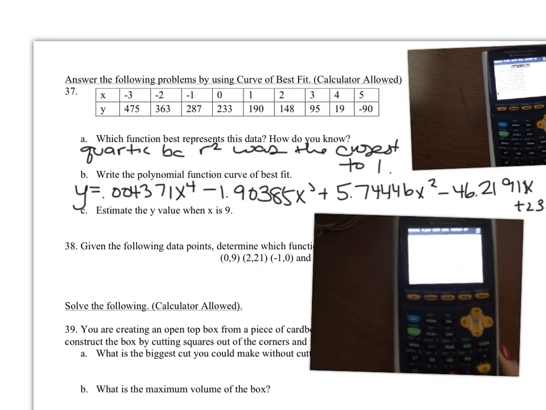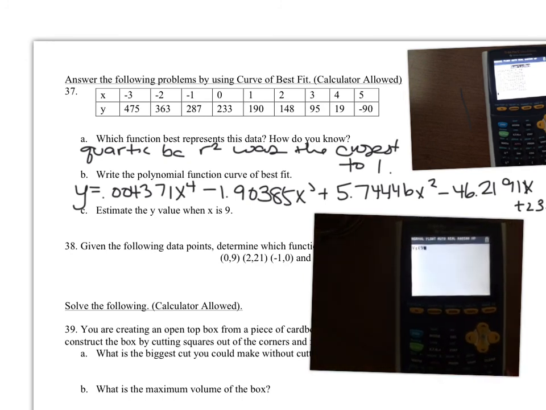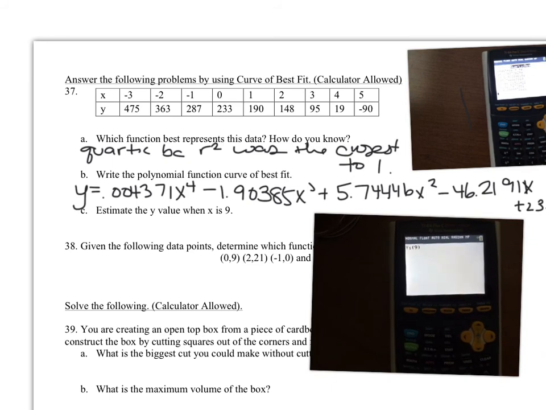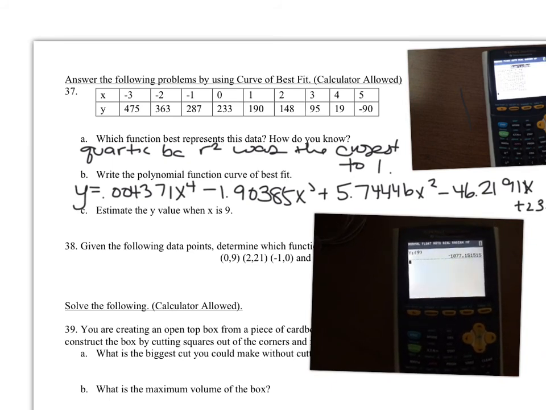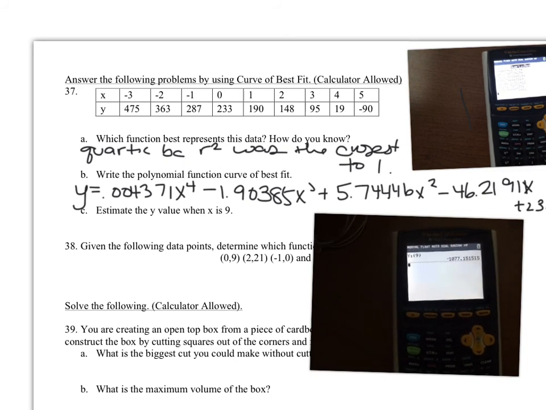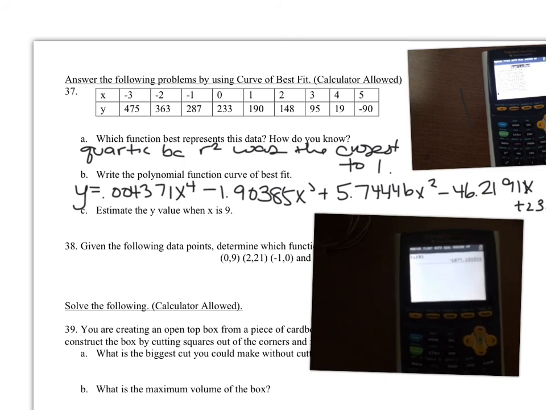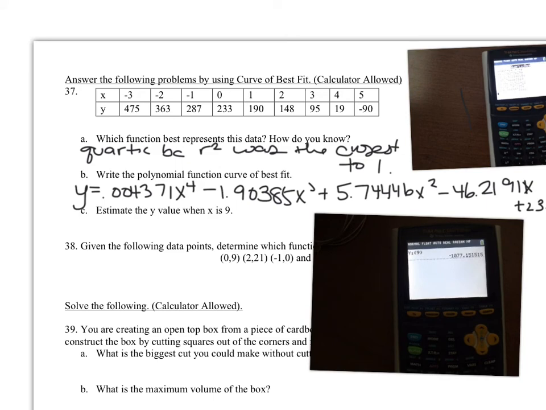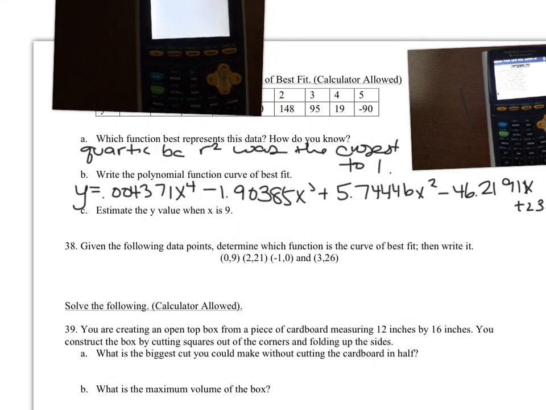Open up my parenthesis, type in 9, because that's what I'm evaluating, and hit enter. I get negative 1077.15. So my y value is negative 1077.15.